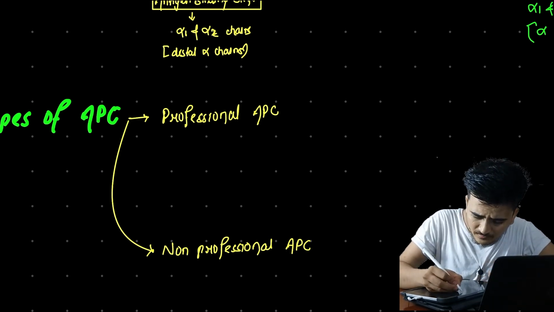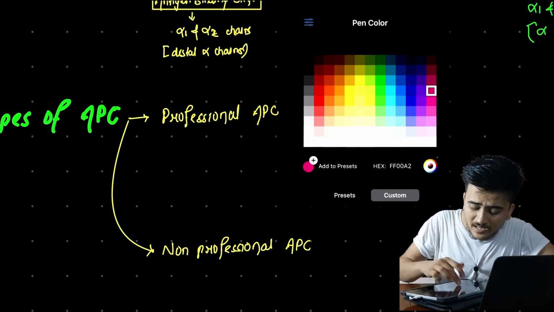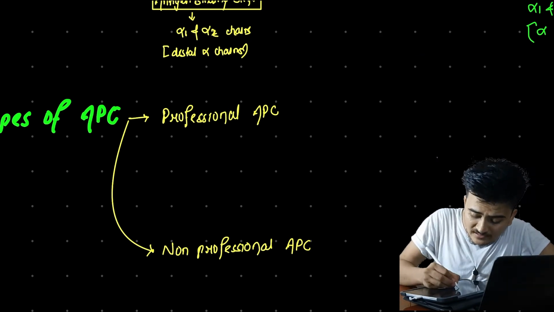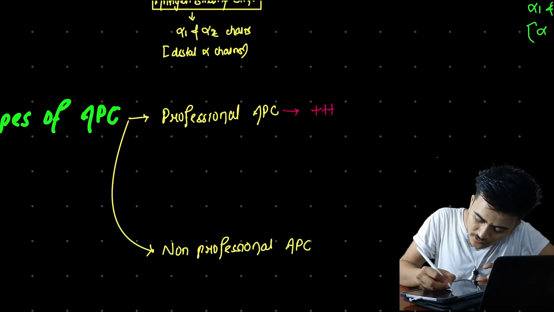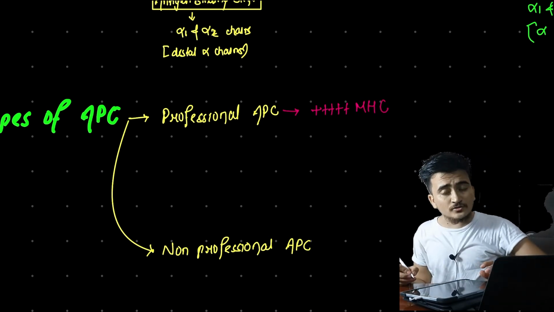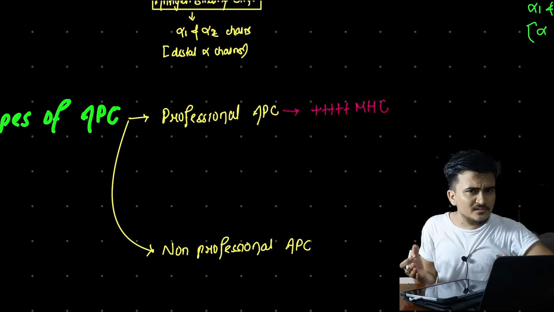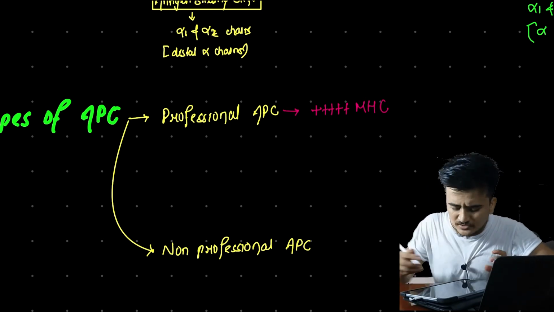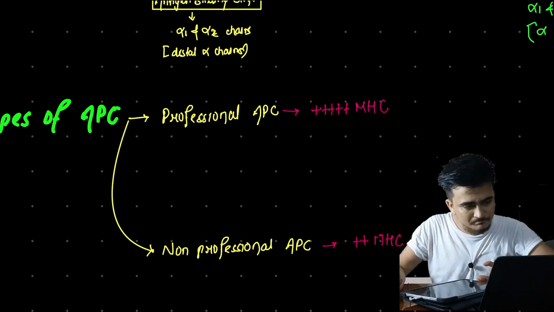Professional APCs are the APCs that contain the largest concentration of MHC. As they contain a largest concentration of MHC, they have a lot of sites for expressing antigen. That's all. And non-professional are the ones that have lower concentration of MHC.